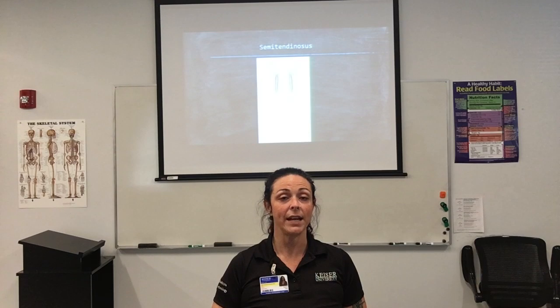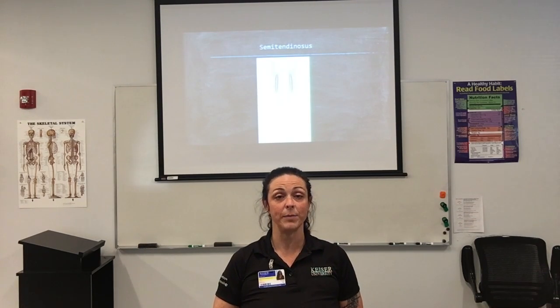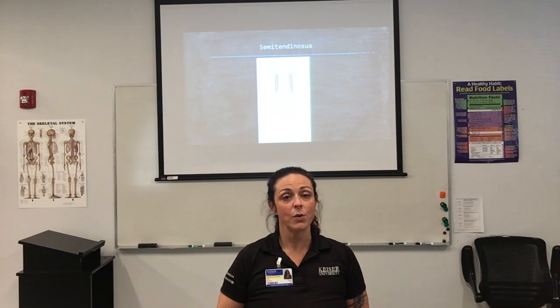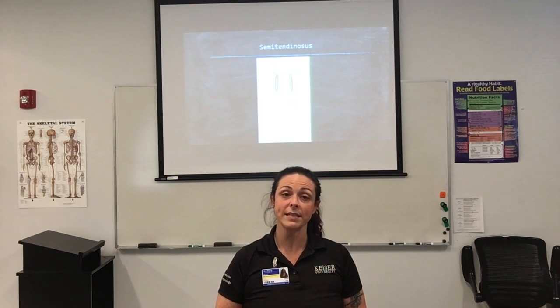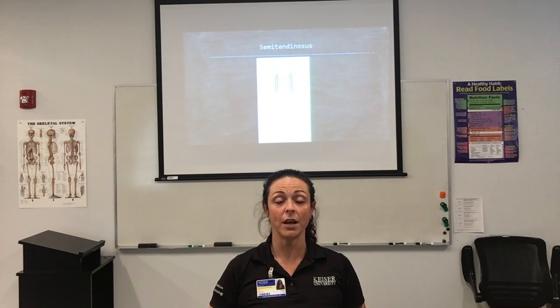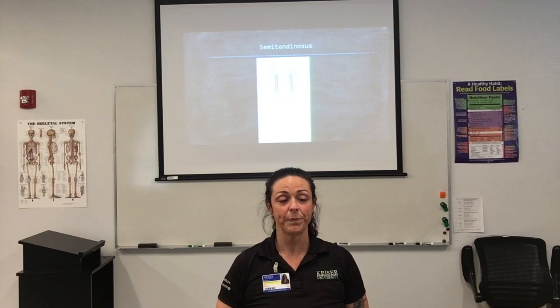So the next muscle is called the semitendinosus, and this muscle originates also at the ischial tuberosity and inserts at the anterior medial surface of the tibia, just below the condyle. The semitendinosus is responsible for hip extension, knee flexion, internal rotation of the knee, as well as internal rotation of the hip.